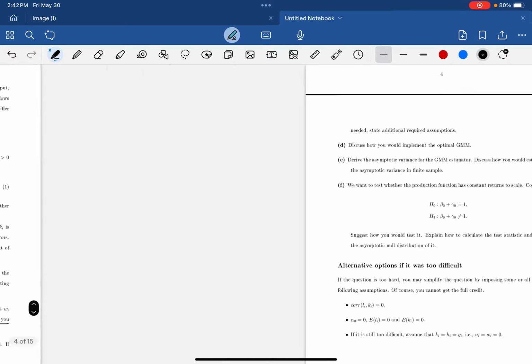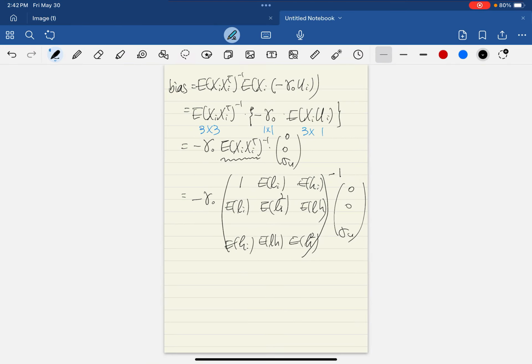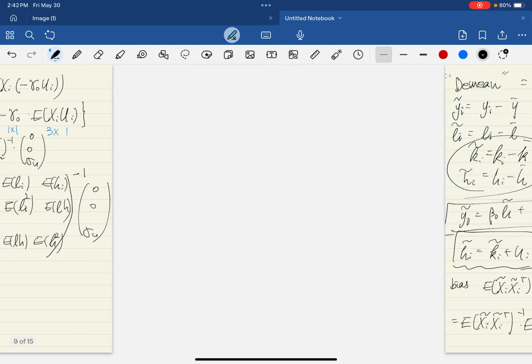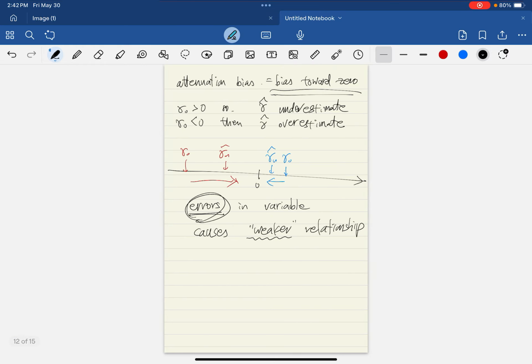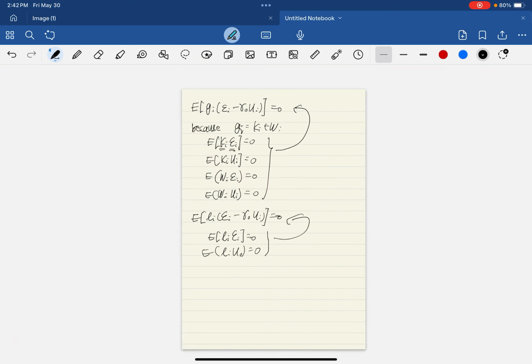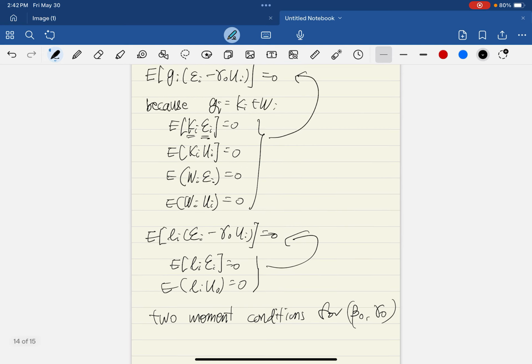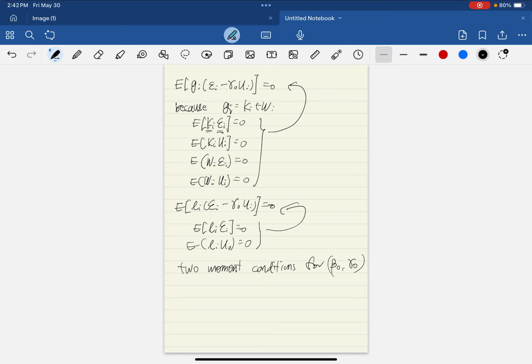I can use those two moment conditions to identify beta and gamma, because the intercept is gone, right? So it is totally fine.